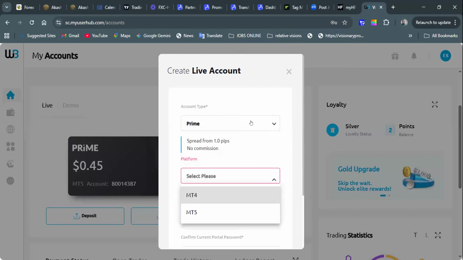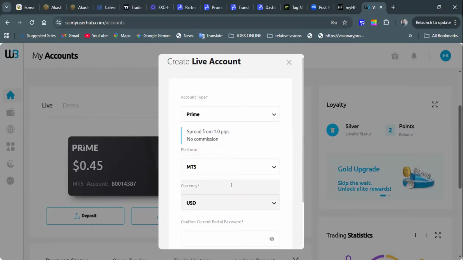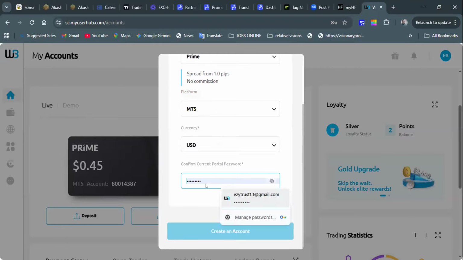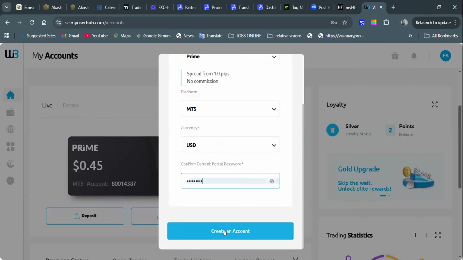The platform you want. The platform, I'm a fan of MT5. Then the next one you want, you want it denominated in USD. So that's just like the little variation with Hot Forex. Hot Forex, you have to select either Naira or dollar or something. So you click on create.